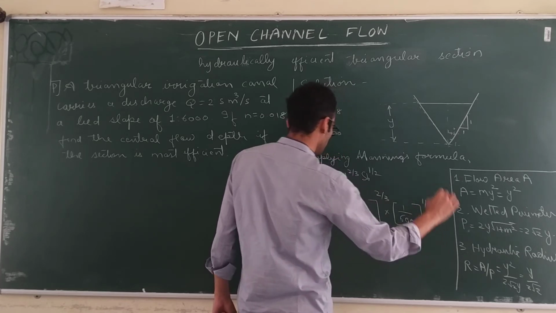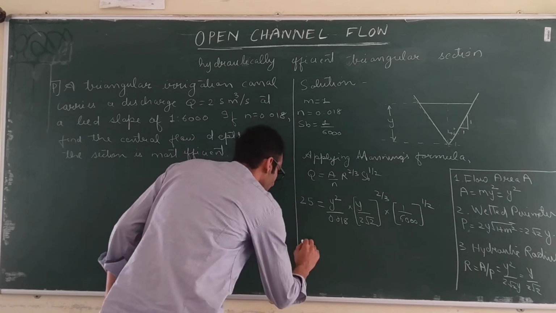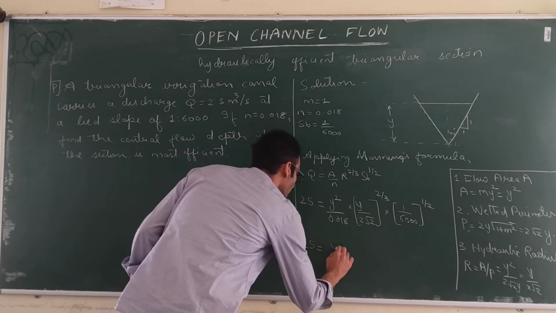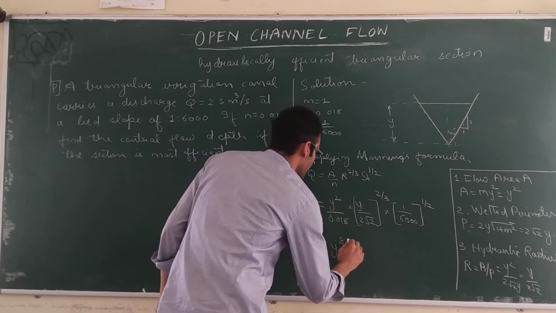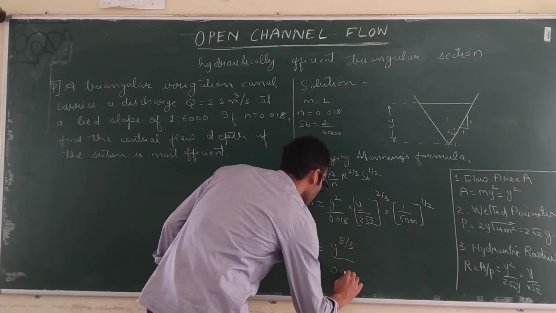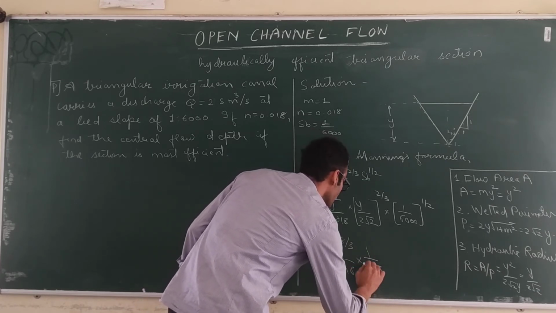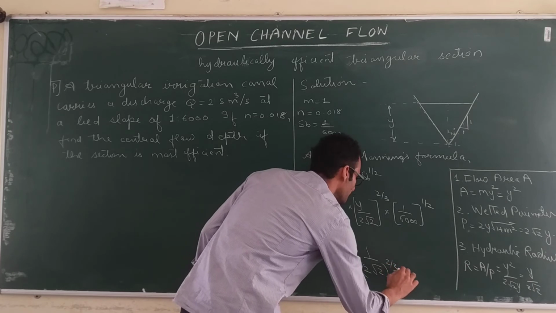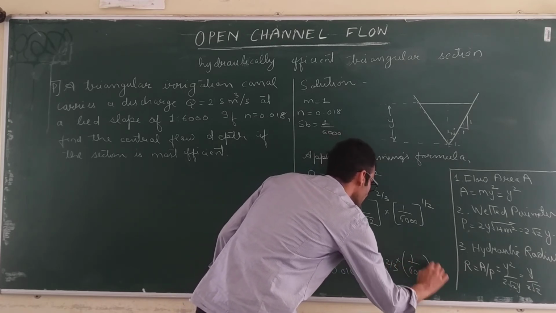Okay, fine. So just separate out y from this equation. That will be 25 equal to y to the power 8 by 3 upon 0.018 into 1 upon 2 root 2 raised to 2 by 3 into 1 by 6000 raised to half.